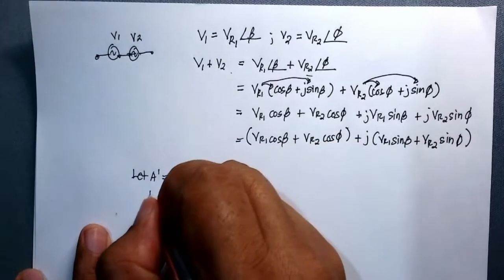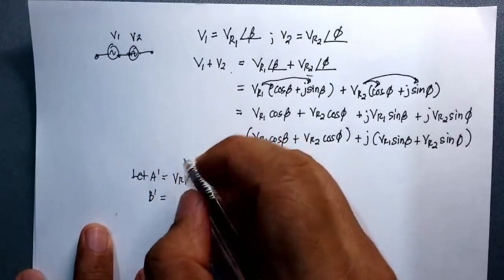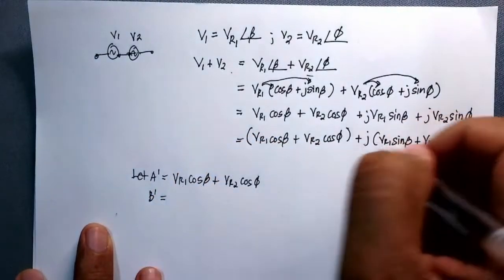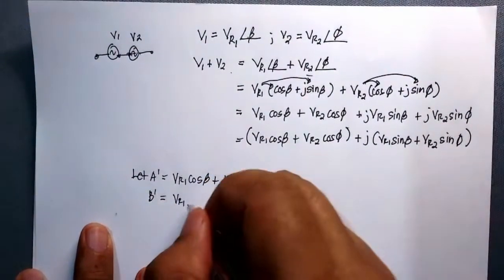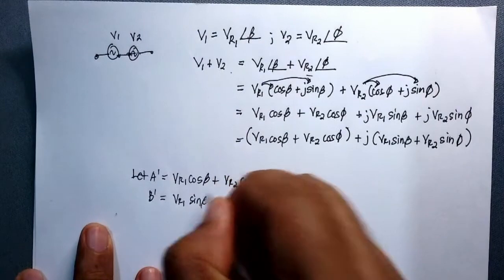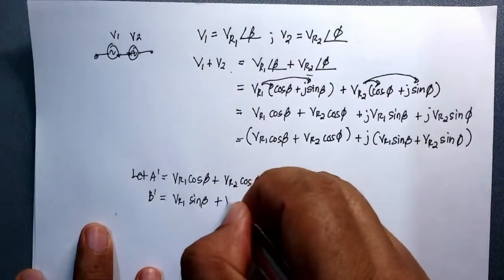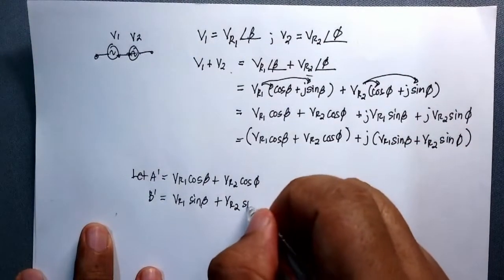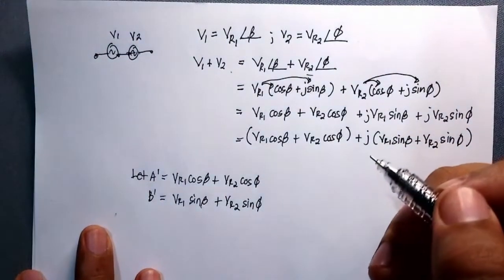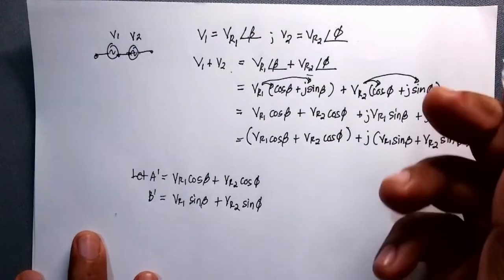For B prime, you can assign the imaginary part, which is BR1 sine beta plus BR2 sine phi.